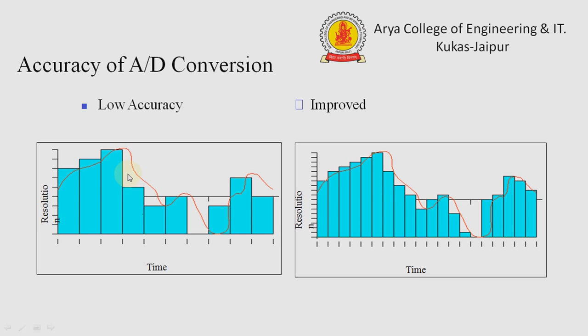We can see there is data in that case which is not measured by the sampling and hold signal, so this is the noise for it. But here the resolution and sampling rate are increased, so it covers all the data and is accurate. So this shows the low accuracy and this shows the improved accuracy.